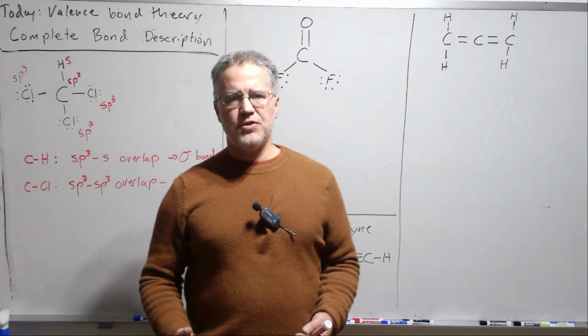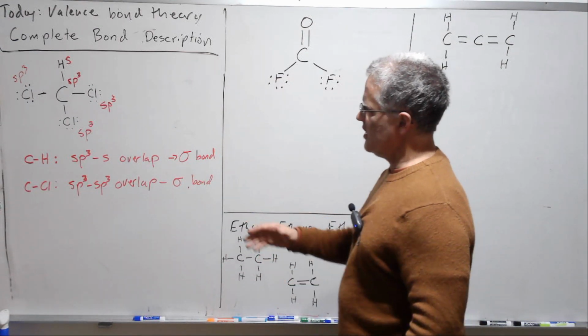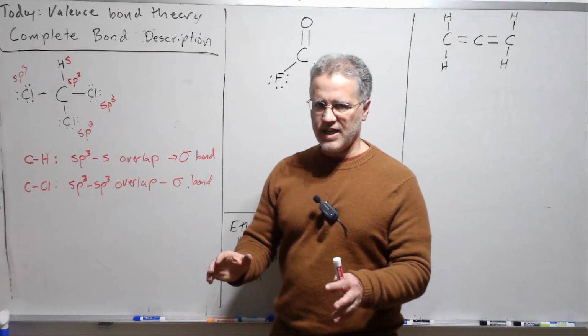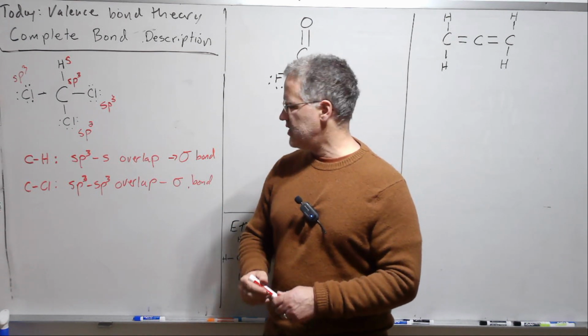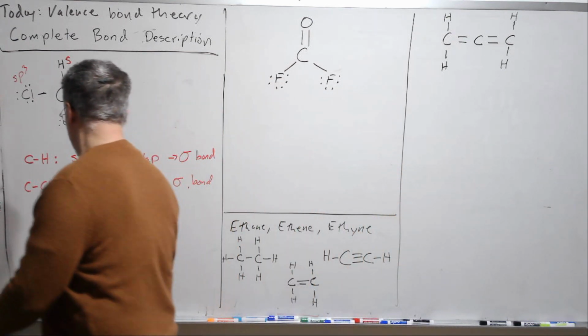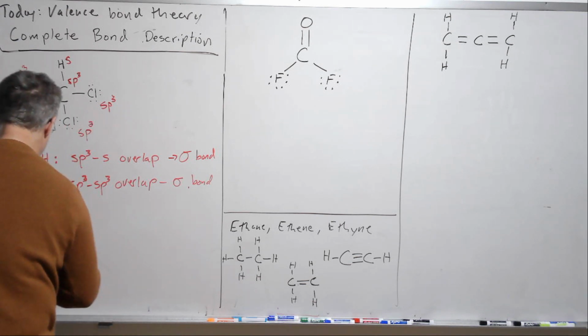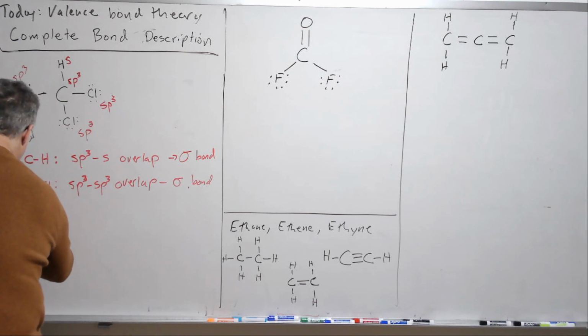Now we want to represent this 3D structure. This Lewis structure here is just showing the connectivity. We want to give that 3D structure, and that is called wedge dash diagram or wedge dash structure.